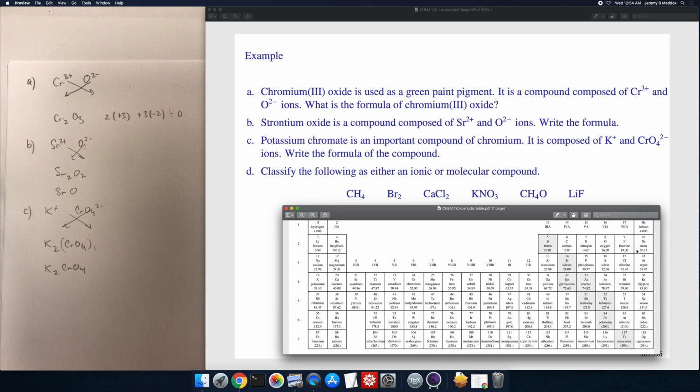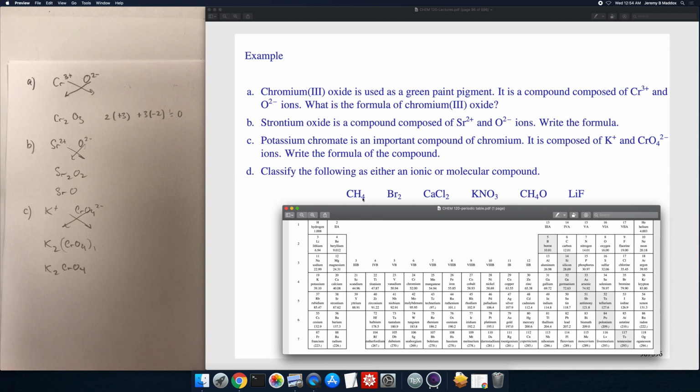We want to watch out for those. You can also have a polyatomic cation paired up with any kind of anion as well. So there are some subtleties, but we'll tackle those as we get further into chemical nomenclature.